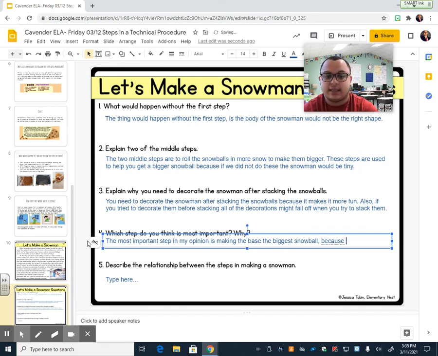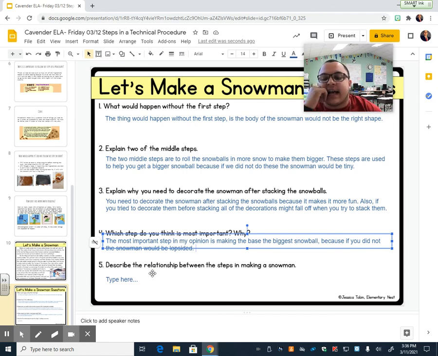Because if you did not, the snowman would be lopsided. And what that means is that it might have a bigger head than its body, and then it just looks crazy. I know Olaf looks like that, but traditional snowmen have a bigger bottom than a medium middle and a smaller head.